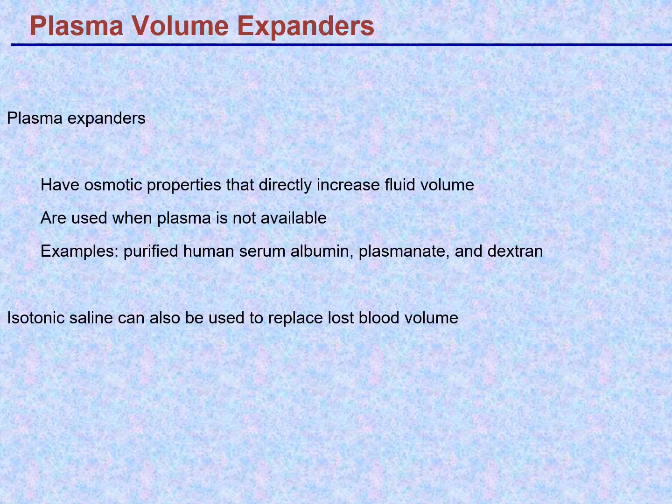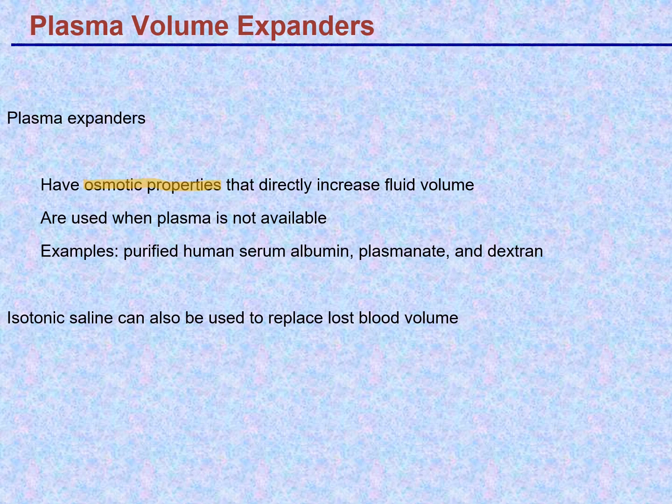Plasma volume expanders all have the property that they are osmotically able to draw fluid into the vasculature. So when they're infused into a person's vascular system, they will be able to increase fluid volume by pulling fluid from the tissues into the vasculature and therefore raising the blood pressure.